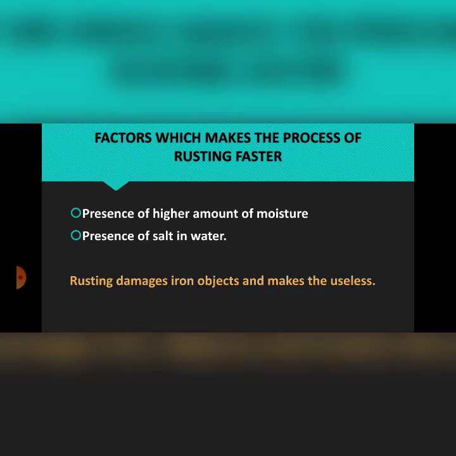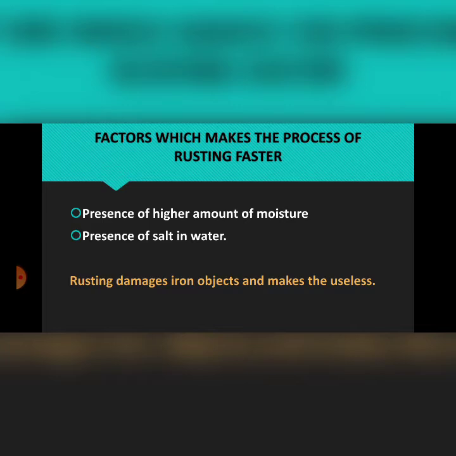In coastal areas, the air contains more water vapor, and in desert areas, the water vapor present in the air is less. That is why rusting of iron is faster in coastal areas and slower in deserts.